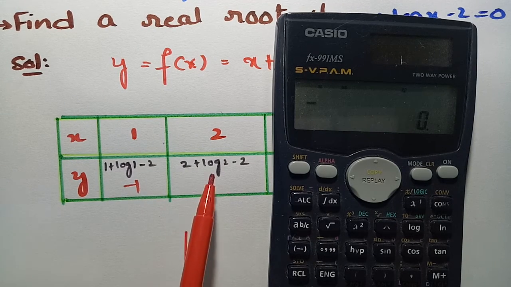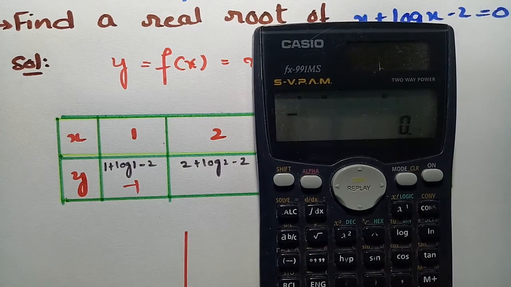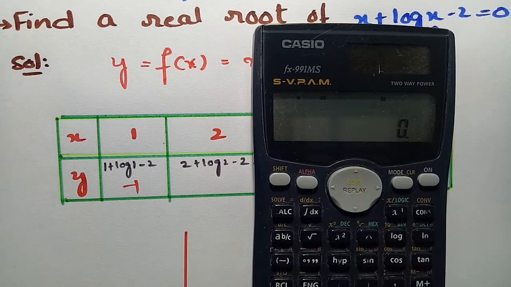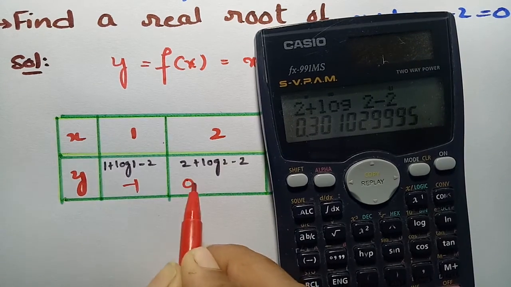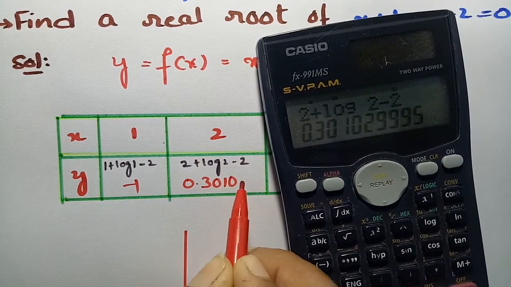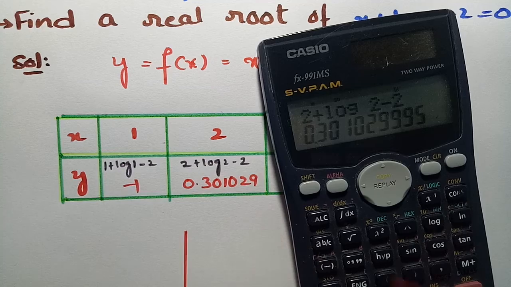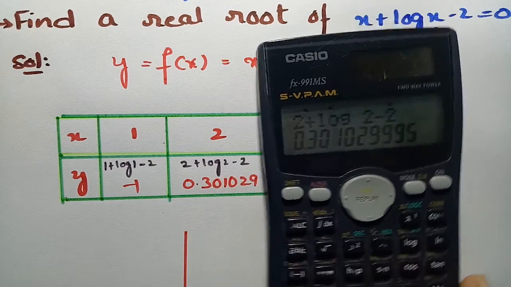The next one is 2 plus log 2 minus 2. The value here is 0.301029.